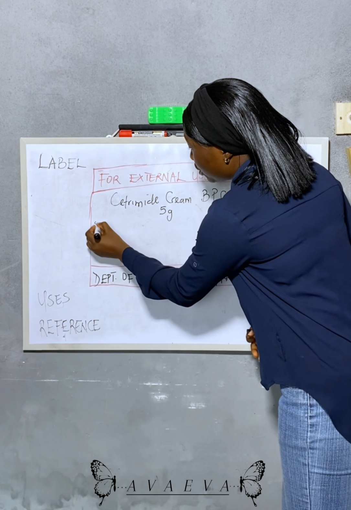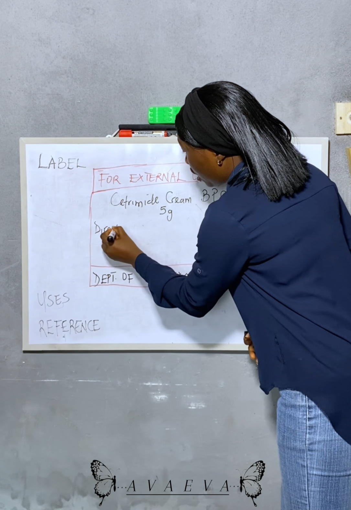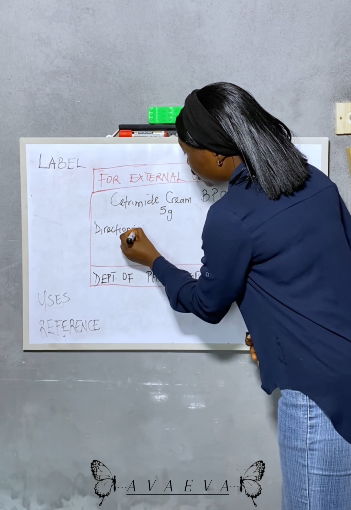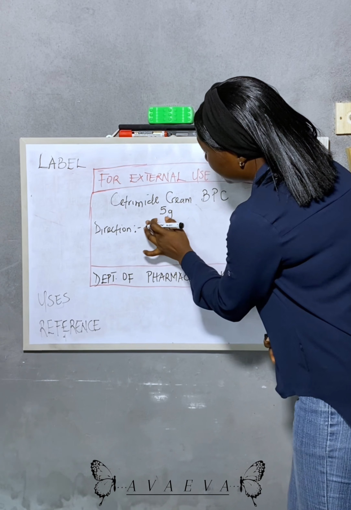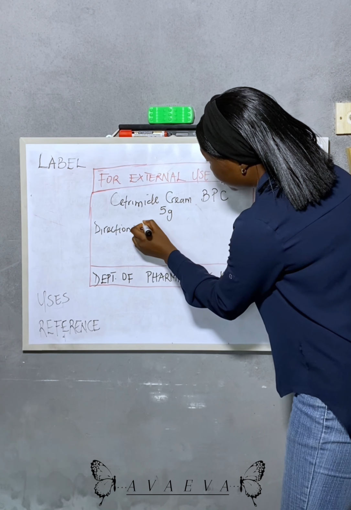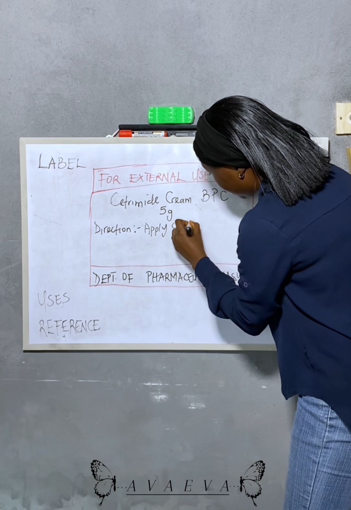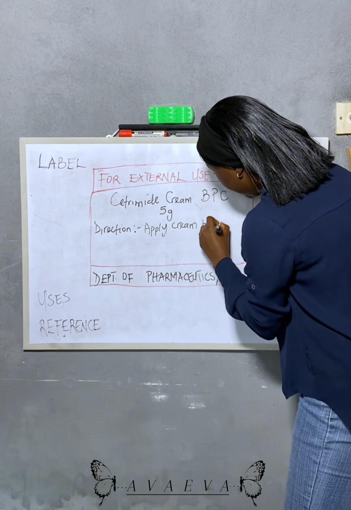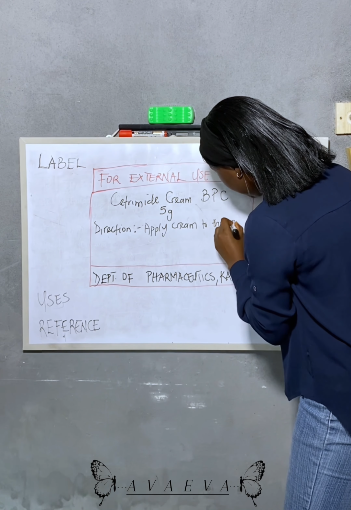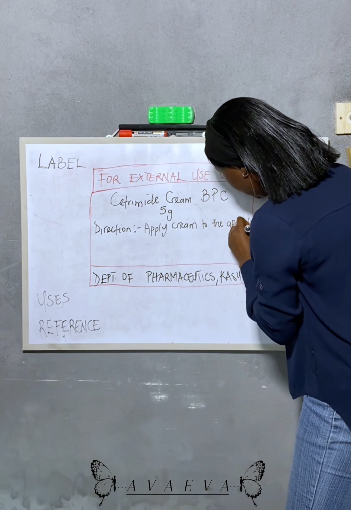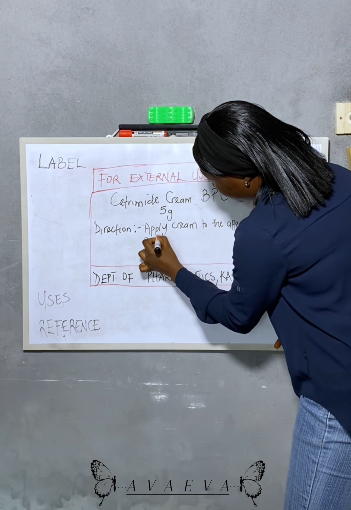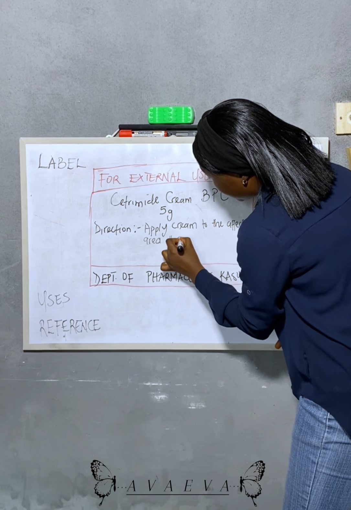Next you have your direction, and for direction, when you interpret what was given, you have: apply cream to the affected area three times daily.